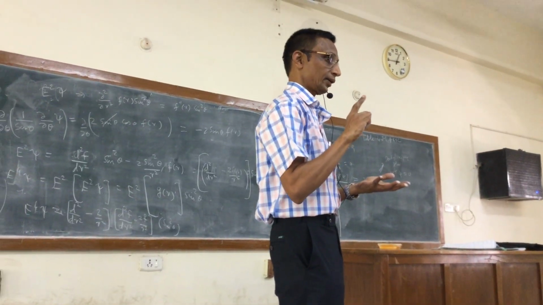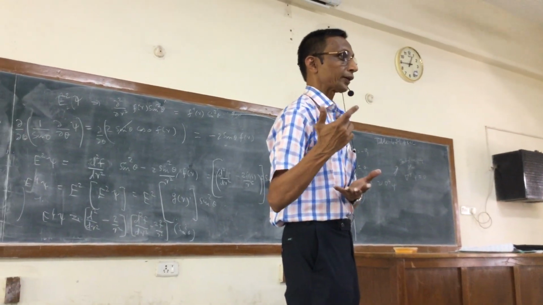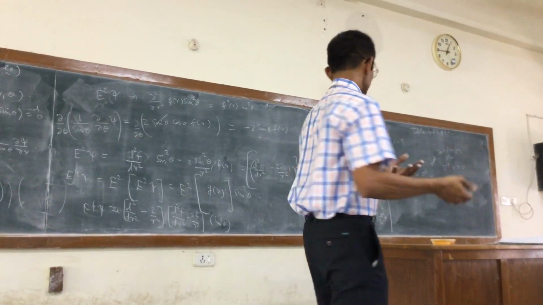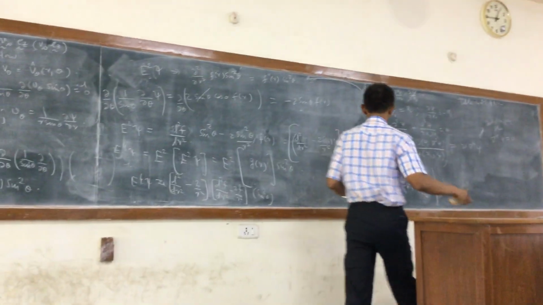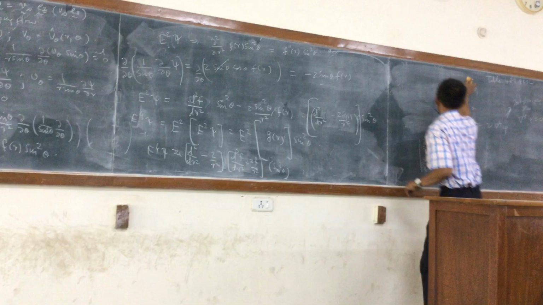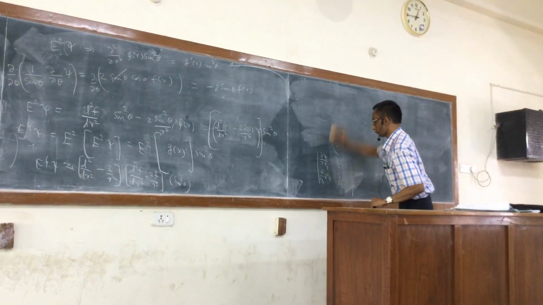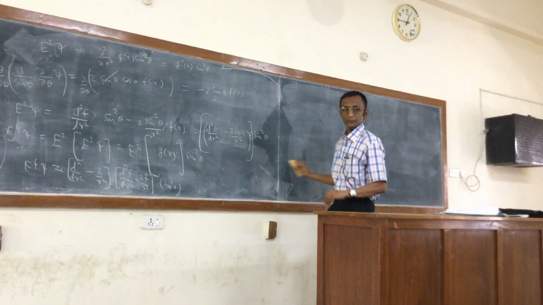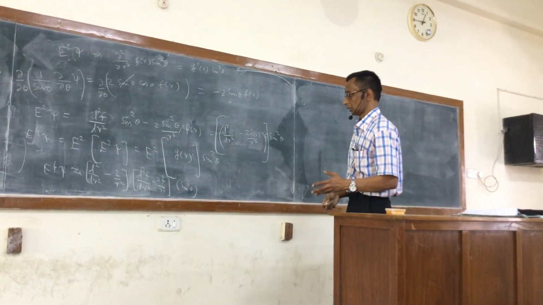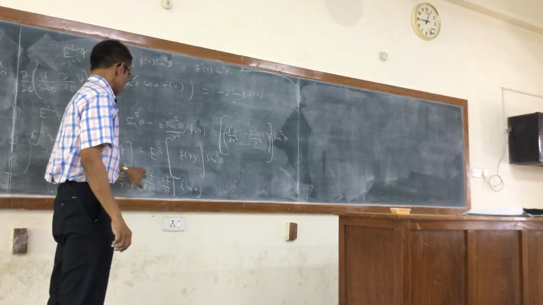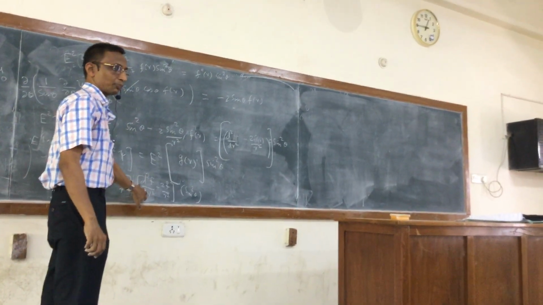If you see the way that E squared operates on psi, which is assumed to be a function of r times sine squared theta, this is somewhat easier to implement. So let's take what this is. This is d squared by dr squared operating on d squared f by dr squared.